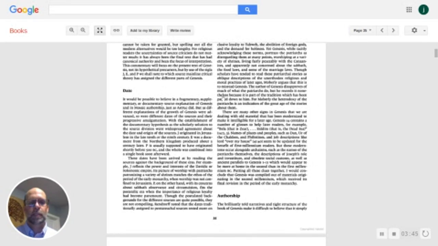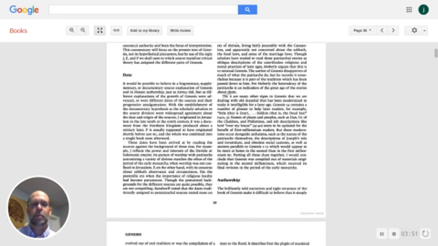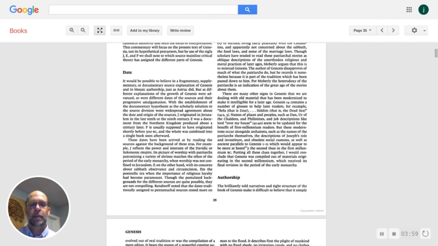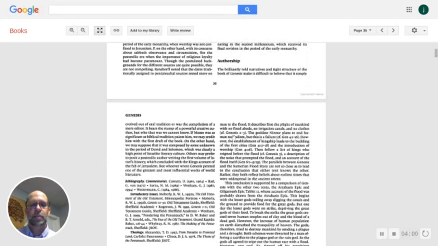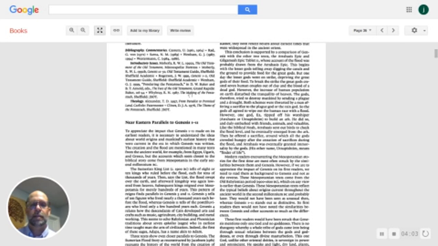That's the way Erdman's biblical commentary lays it out in the introduction to Genesis. Again, it's important to read the introductory material so you can understand where the authors are coming from. And then when you get to the actual text, you can really understand what they're talking about in the commentary. They're meant to be read together.